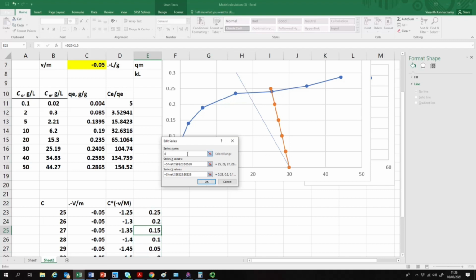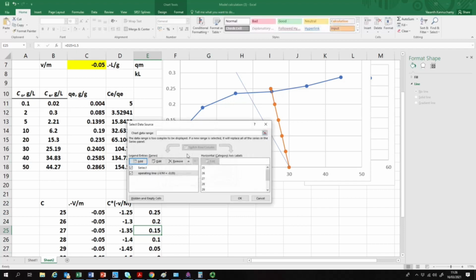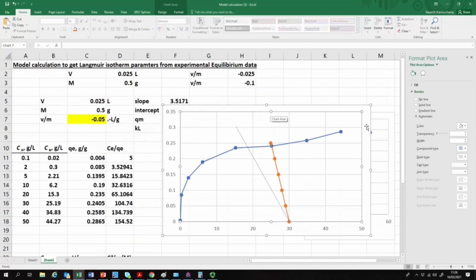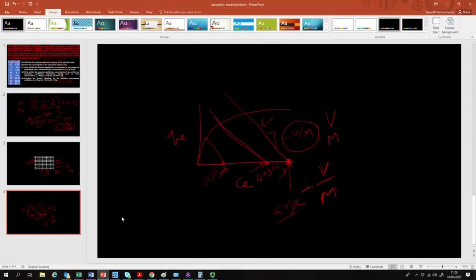You can give the name, say operating line, minus V by M, that's equal to minus 0.05. So this is your correct operating line. I think we answered part B. Then let's copy and paste this into PowerPoint here.